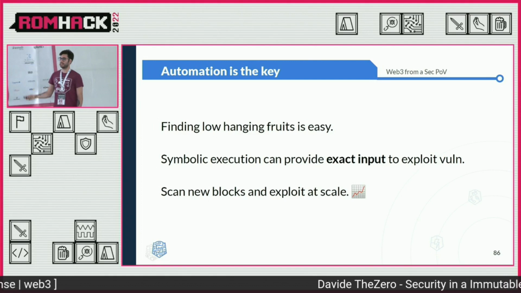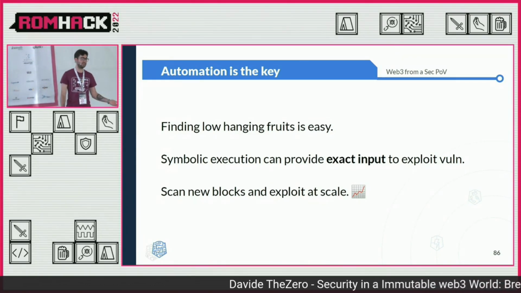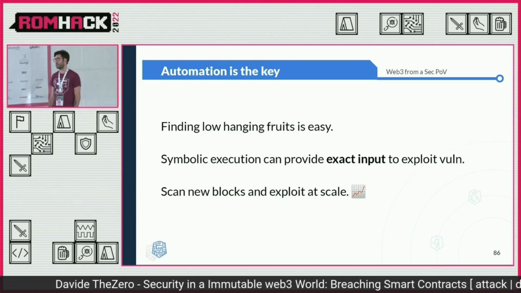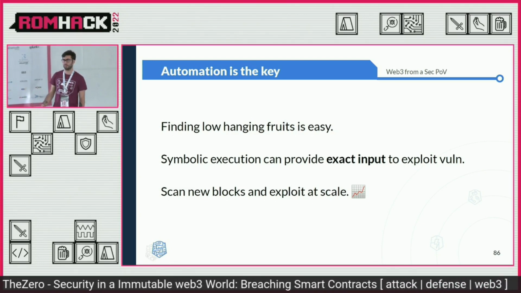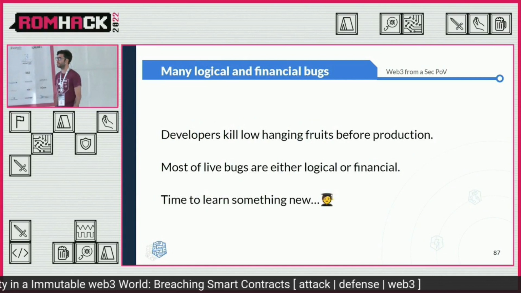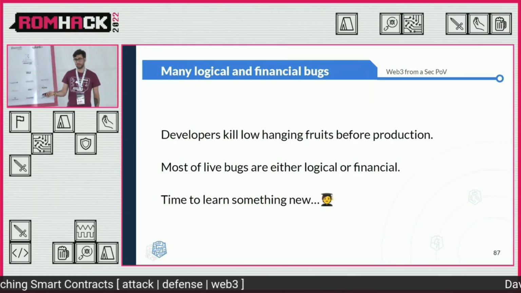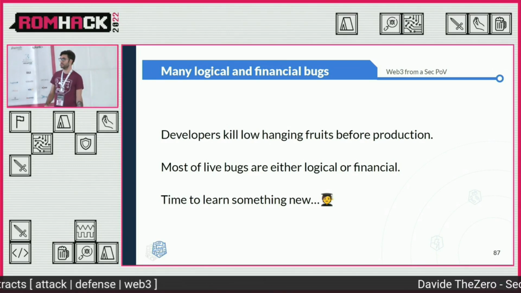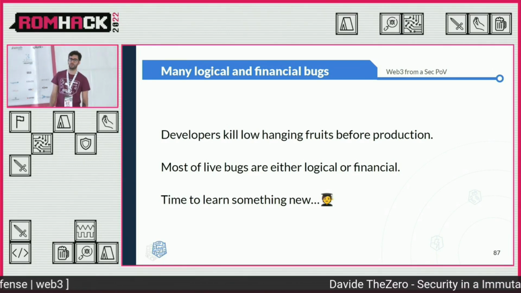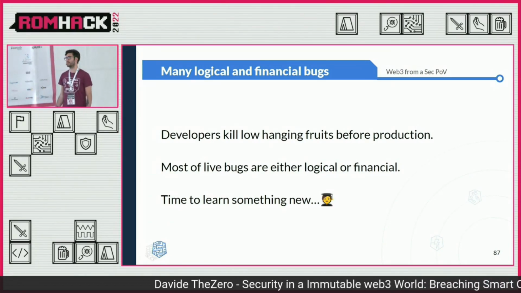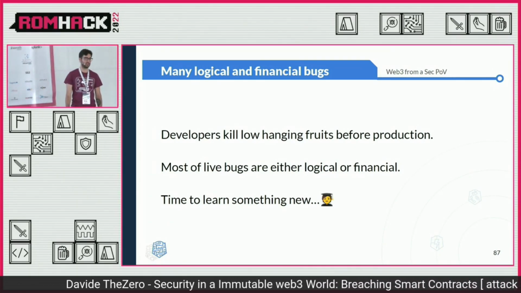And the key here is automating all this stuff and scanning new blocks in the blockchain, and so exploiting vulnerable smart contracts at scale. But the bad news is that developers also have these kind of tools, so they kill low-hanging fruits before going into production. And most of the live bugs are either logical or financial.